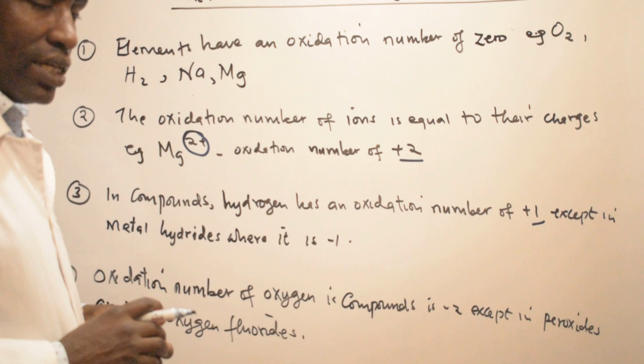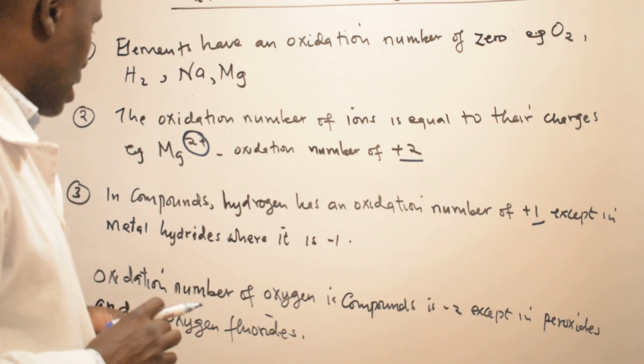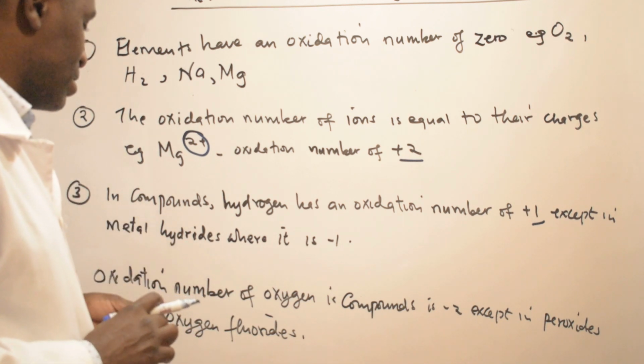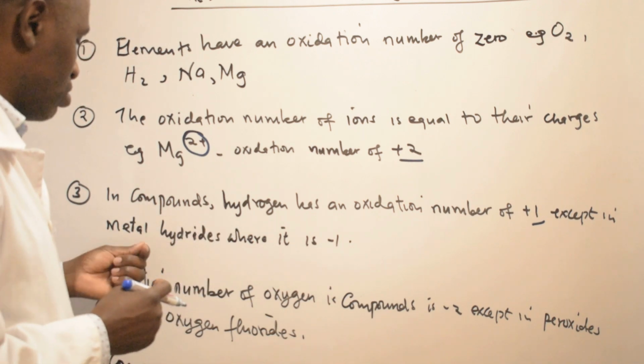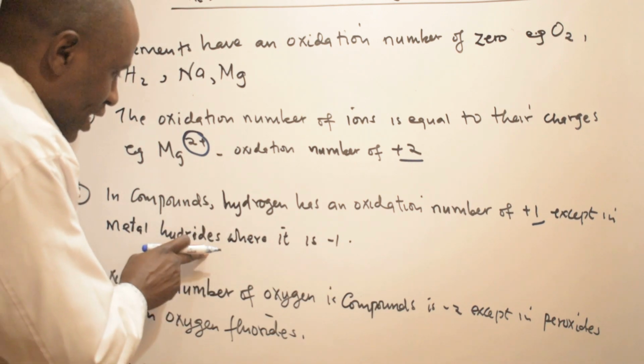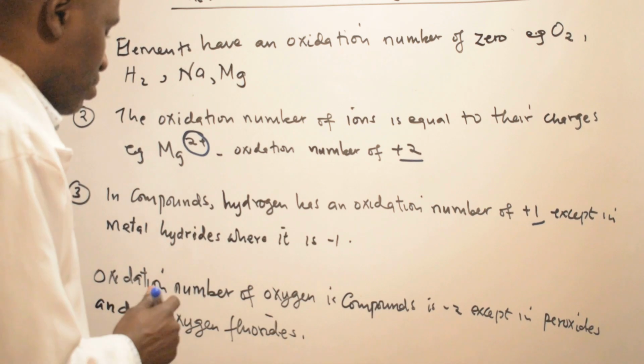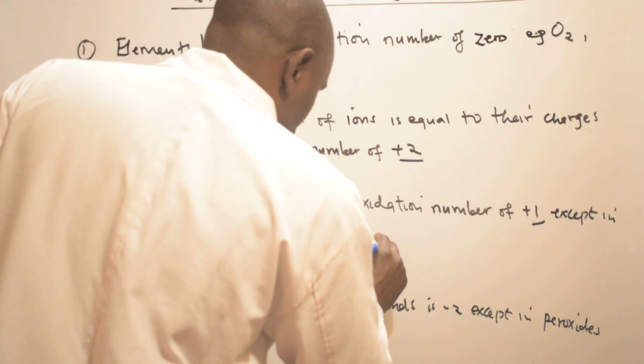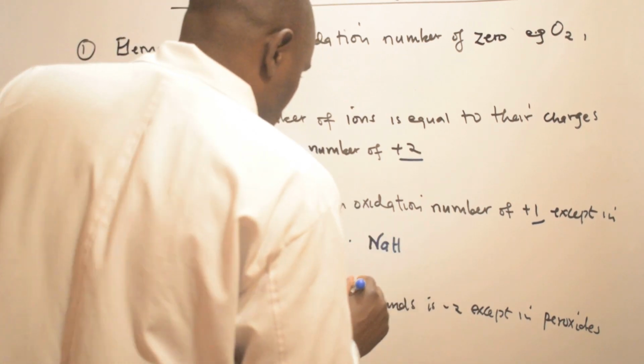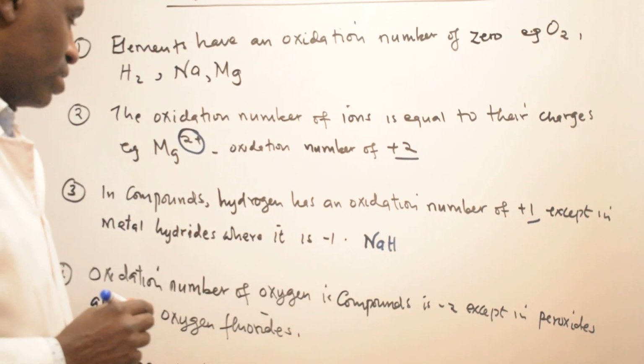However, in metal hydrides, that means where we have a compound of a metal and hydrogen, you can, for example, think about something like sodium hydride, where sodium is reacting with hydrogen.